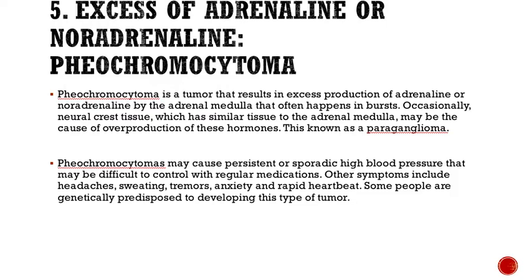This is known as paraganglioma. Pheochromocytomas may cause persistent or sporadic high blood pressure that may be difficult to control with regular medications. Other symptoms include headaches, sweating, tumors, anxiety, and rapid heartbeat. Some people are genetically predisposed to developing this type of tumor.